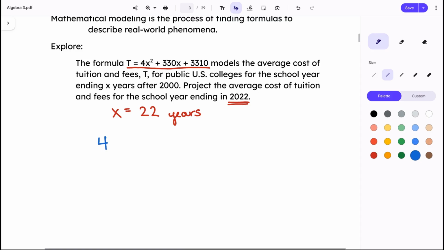So 4 times 22 squared plus 330 times 22 plus 3,310. Go ahead and do that. Does anyone need a calculator? Okay, go ahead and solve that.